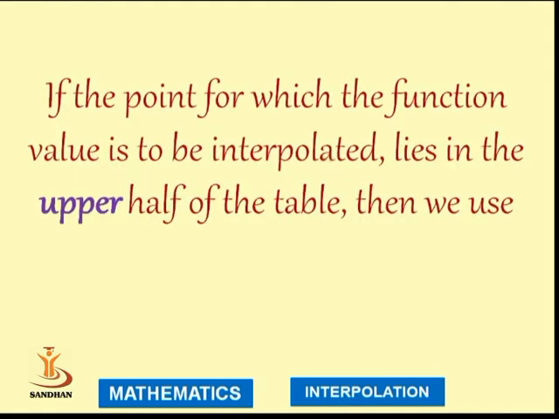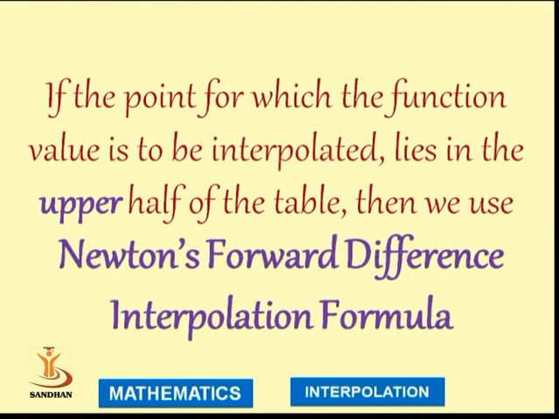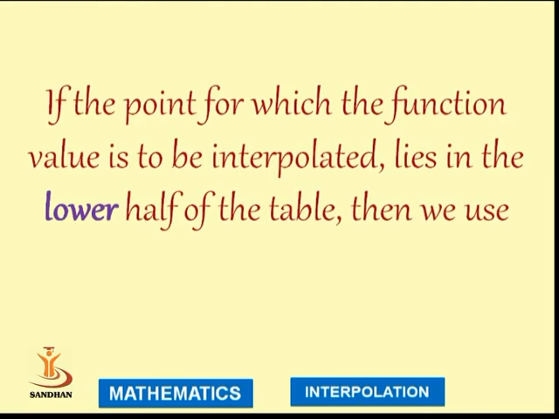So if the point for which the function value is to be interpolated lies in the upper half of the difference table, then we use Newton's forward difference interpolation formula. So the basic question is, when do we use forward difference and when do we use backward difference? When the point in question for which we need to find the value of y lies in the upper half of the table, forward difference is to be used.